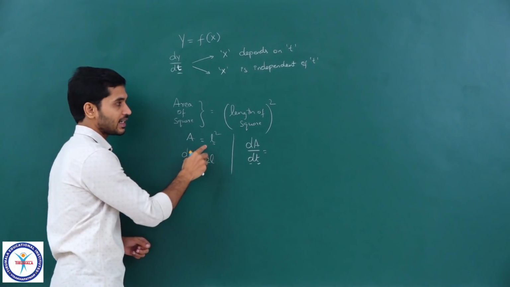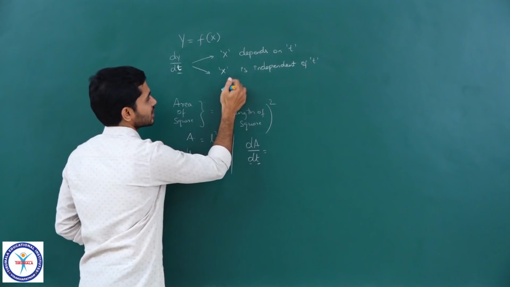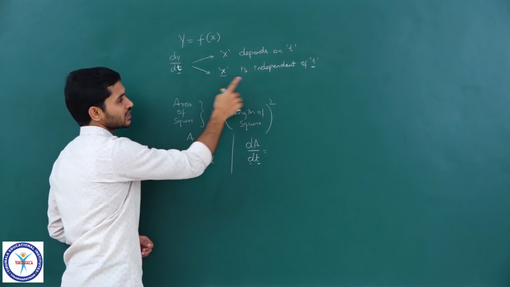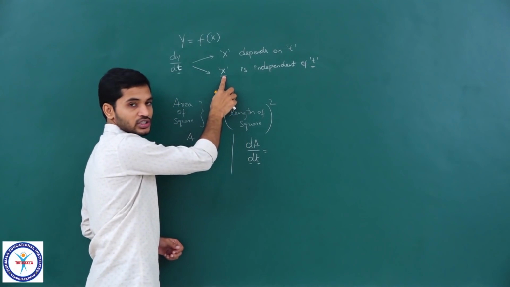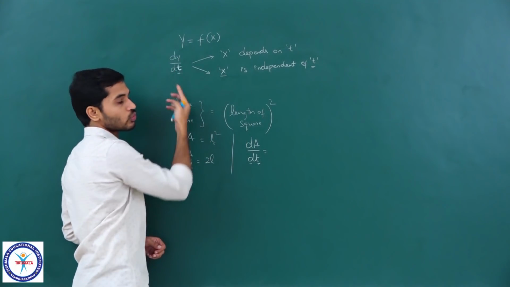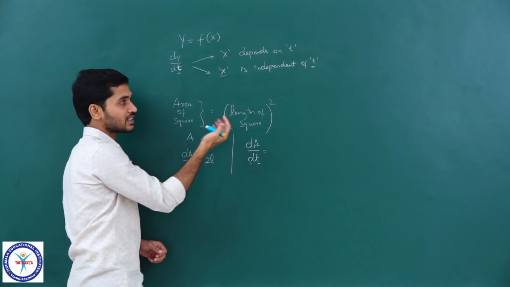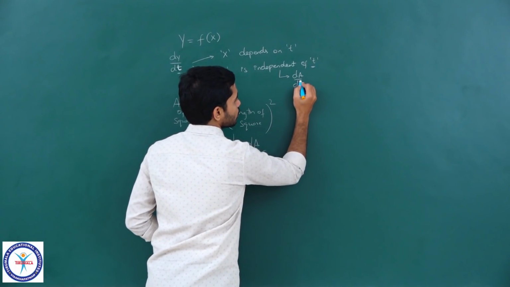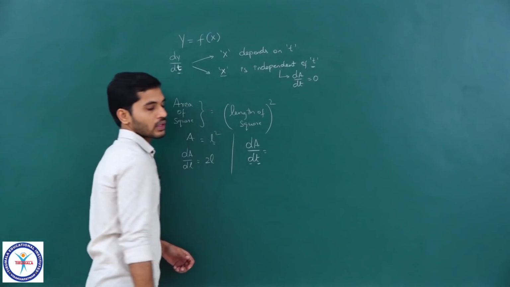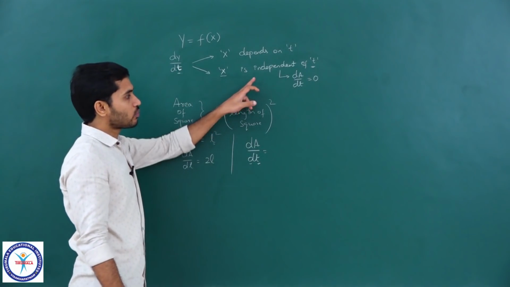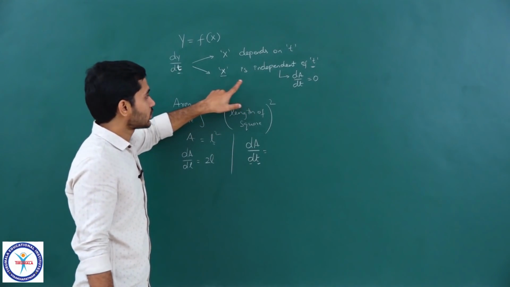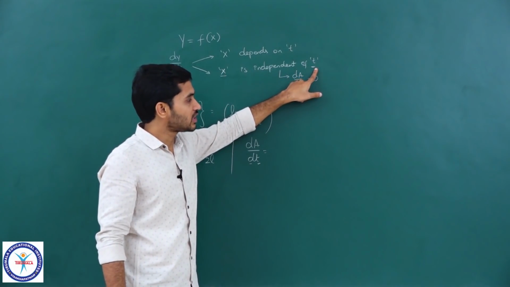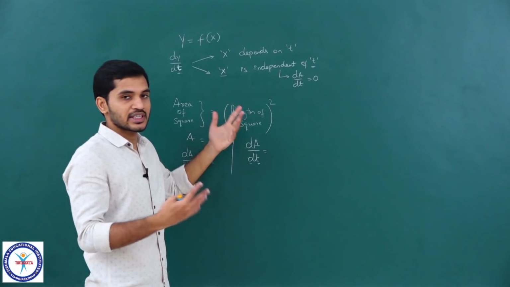If length is independent of time, like I have given in this case, if x is independent of t, which means even if you change t, x is not changing, it means that y also will not change. In such a case, you can directly say dA by dt is 0. I will repeat what I told you here. If x is independent of t, it means if t is changing, x does not care.